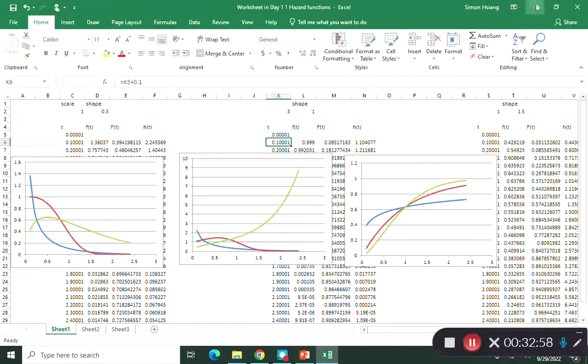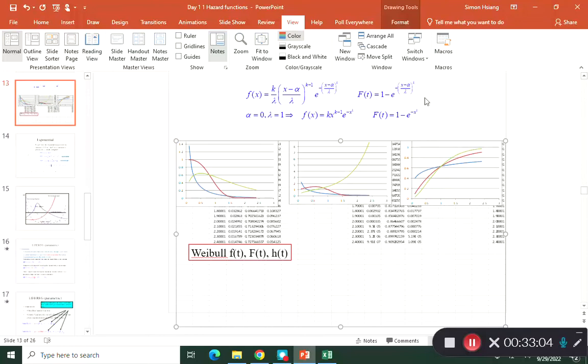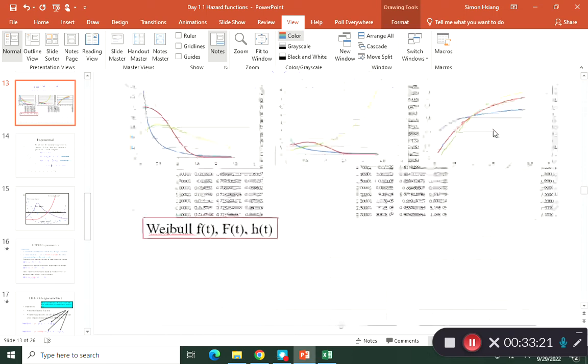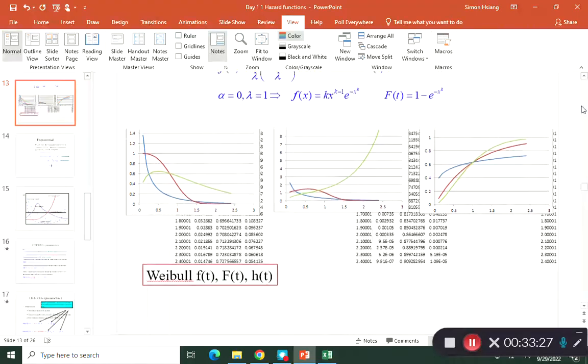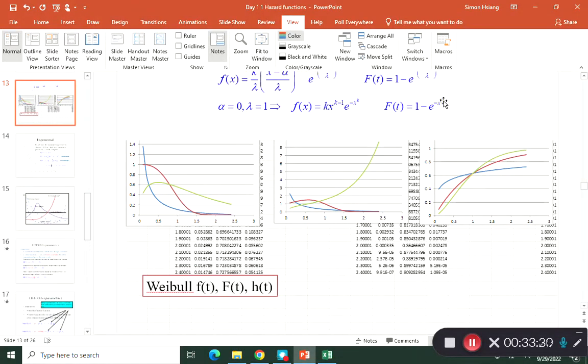I think the question itself can be explained more than one way. First, everybody agree, look at the equation here, the CDF. If the shape parameter k is equal to, I'm sorry, equal to 1, then this looks like an exponential distribution, right?